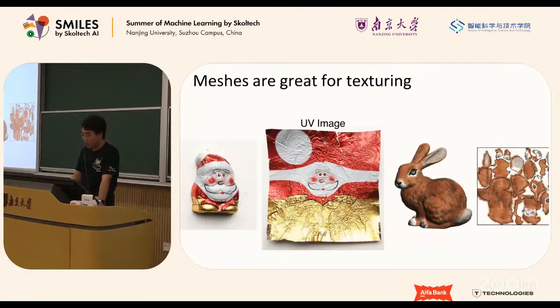How does it work? A relatively small set of vertices and faces can define geometry, while a high resolution two-dimensional texture map can store appearance, or we call it colors. How do we align the two representations?